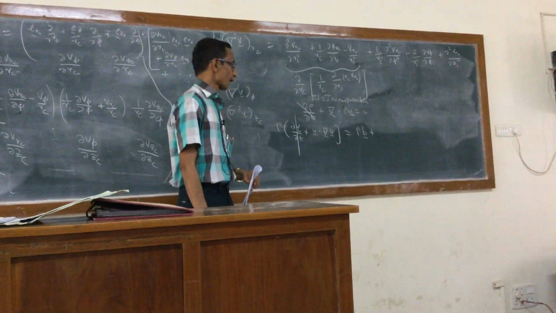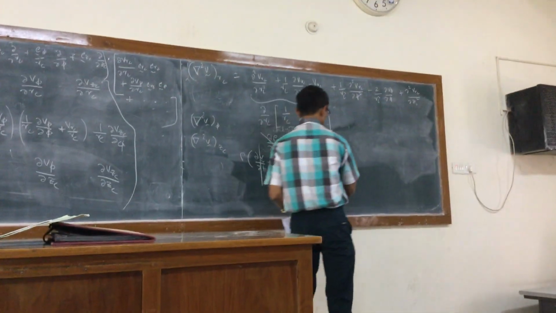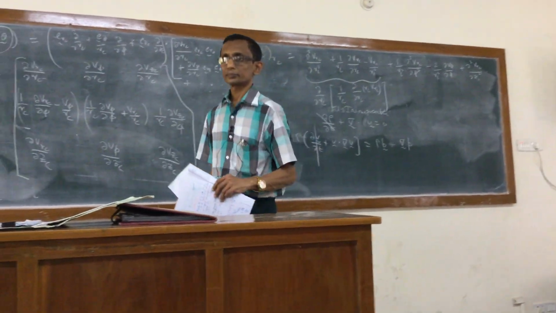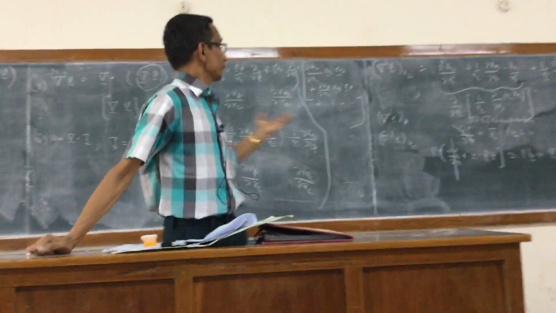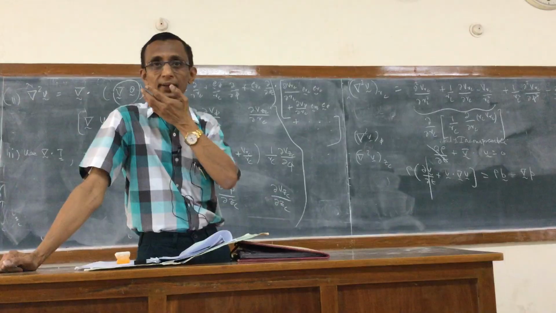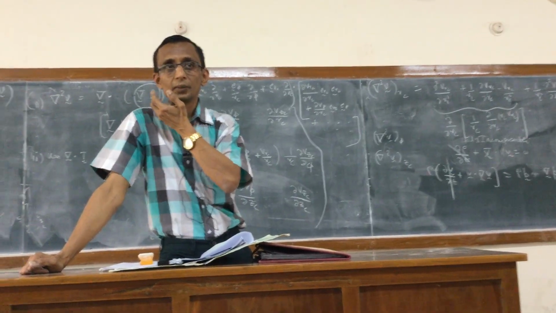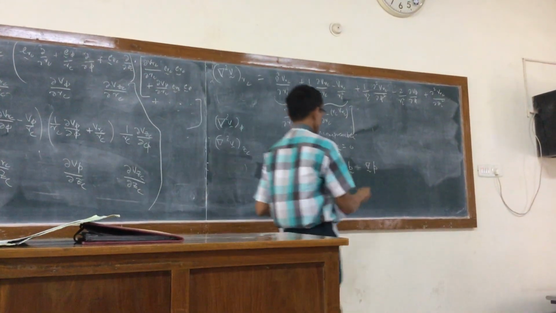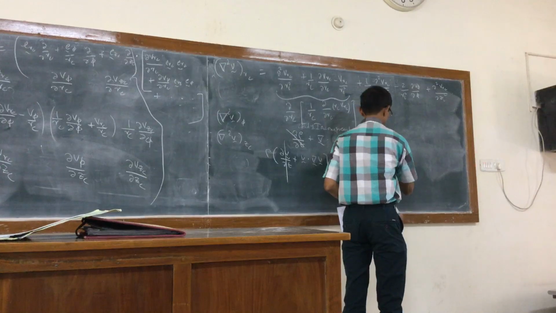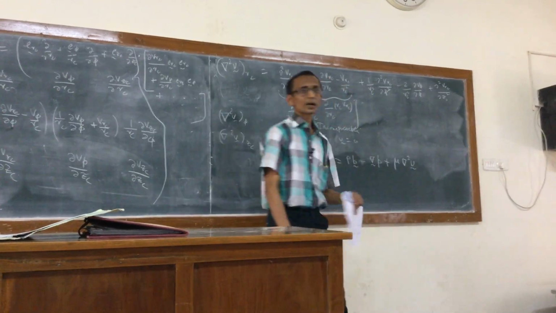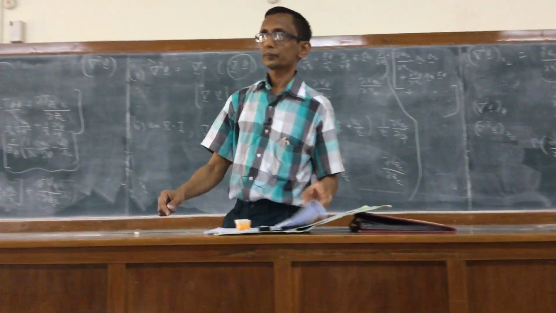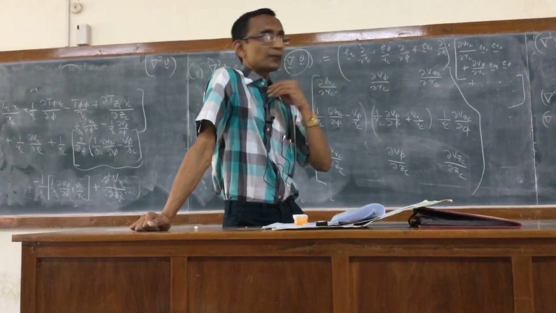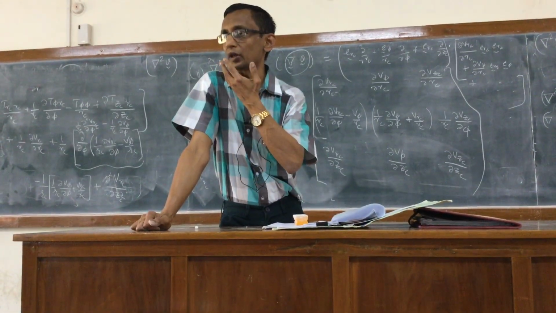Then you will have minus the gradient of the pressure. So we have got the gradient operator in the cylindrical coordinates, right? Minus the gradient of the pressure, and then plus the viscosity times the Laplacian of the velocity vector. So we have got that also. We have got the Laplacian of the velocity vector.